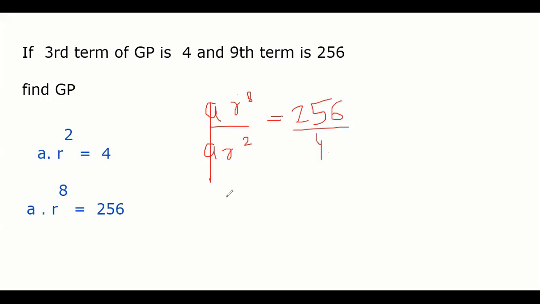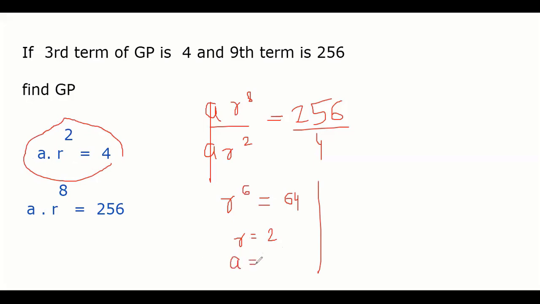R to the power 8 by R to the power 2 is R to the power 6. 256 by 4 is how much? 256, 128, 64. 64 is 2 to the power 6. So R equals 2. You are right. Once R is 2, put the R value here. R equals 2, so R square is 4. So A is 1.